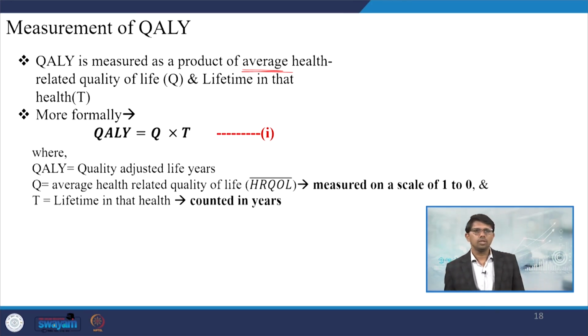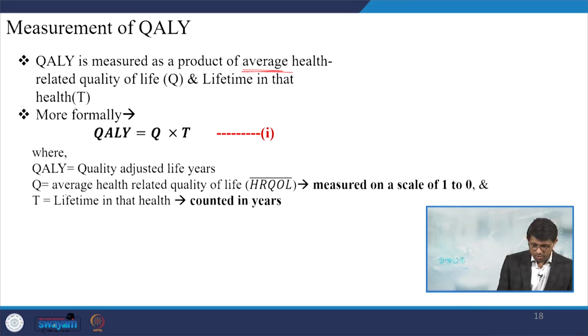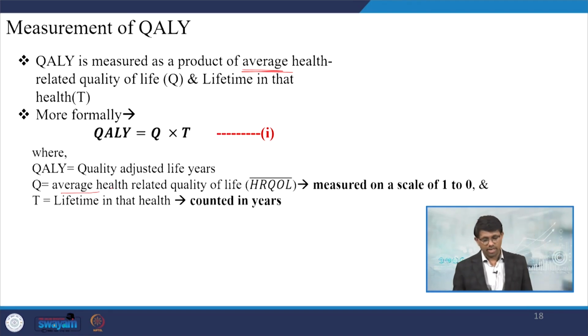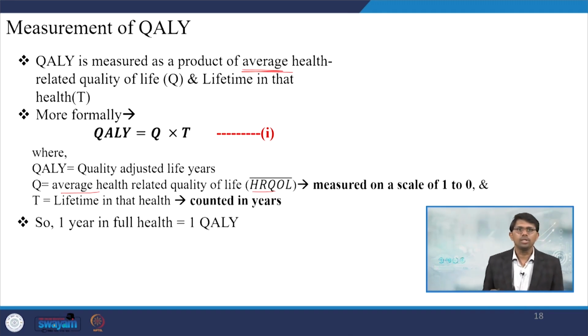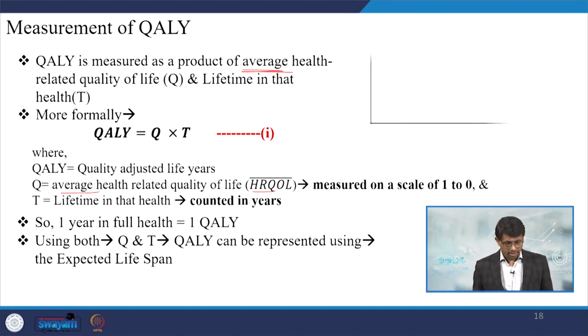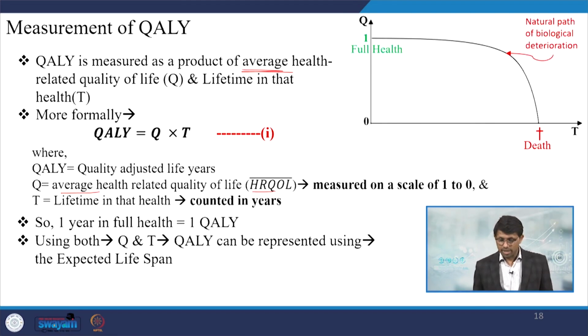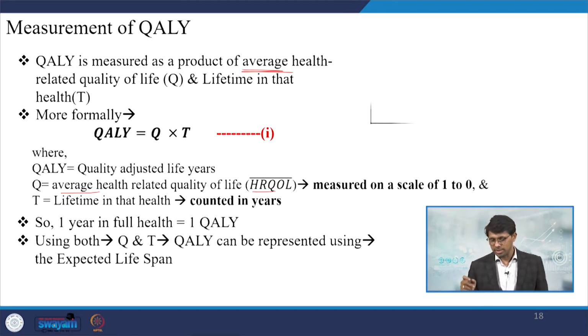The Q which we derive from the average HRQL is measured on a scale of 1 to 0, and T is the lifetime in that health, counted in years. So, 1 year in full health means 1 QALY, and using both Q and T, QALY can be presented using the expected lifespan. This is what is presented in this diagram.